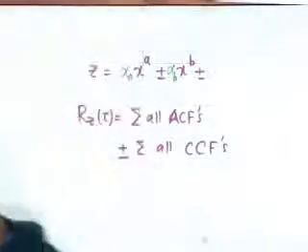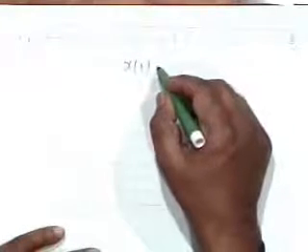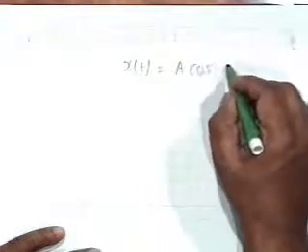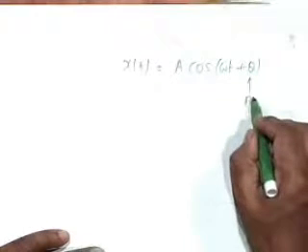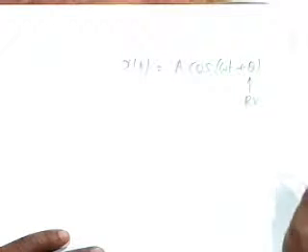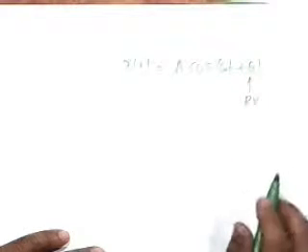And this is a very important application, and this is what we shall talk about now. Suppose you have very large noise, and a very tiny signal, and the signal is periodic. So what you have is a signal x of t, which is of the form a cosine of omega t plus theta, where theta is a random variable distributed uniformly over the interval 0 to 2 pi as usual.